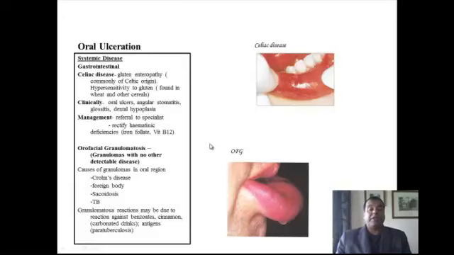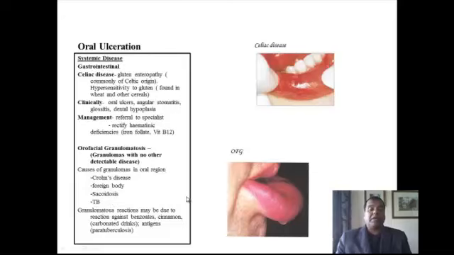Orofacial granulomatosis, where there are granulomas with no other detectable disease, but causes of granuloma in the oral lesion could be due to Crohn's disease, oral Crohn's, foreign body causing a granulomatous reaction, sarcoidosis, and tuberculosis.